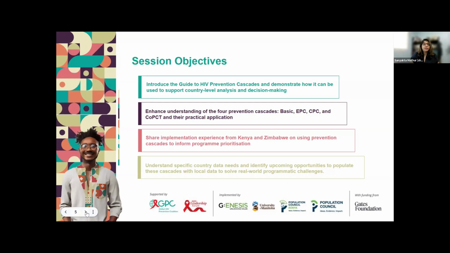We're going to share implementation evidence from Zimbabwe and Kenya on using these cascades, and understand country-specific data needs and upcoming opportunities for you to use these cascades.